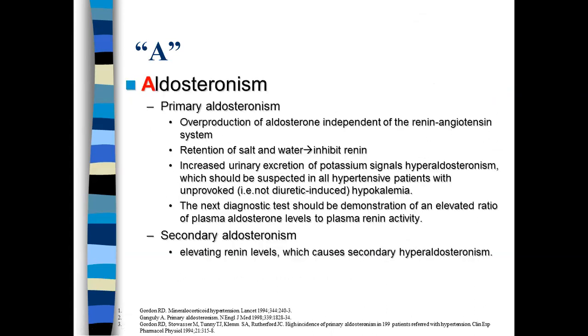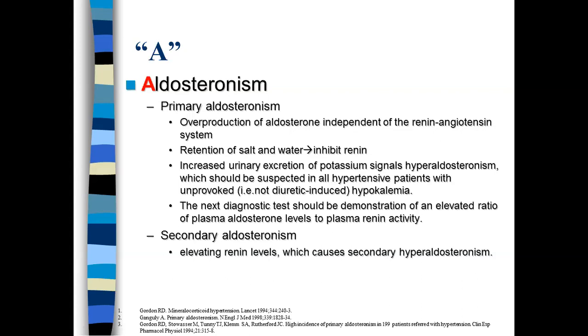Another cause, starting with A, is aldosteronism, which is overproduction of aldosterone, from the renin angiotensin system, overproduction of aldosterone from the zona glomerulosa of the suprarenal cortex, and this will lead to salt and water retention.